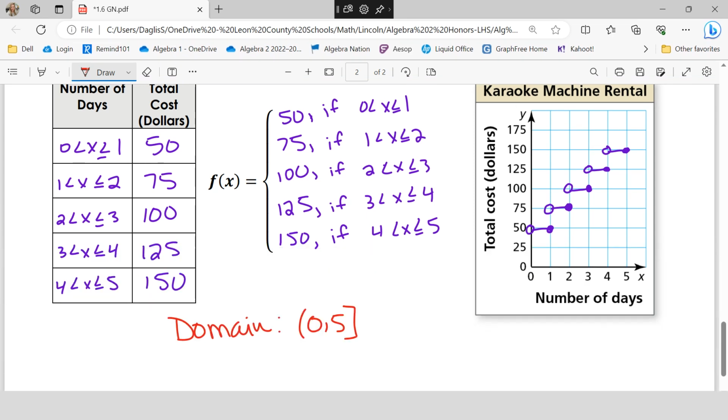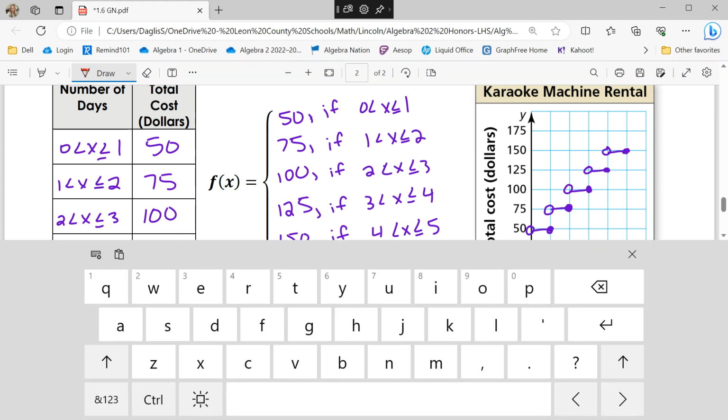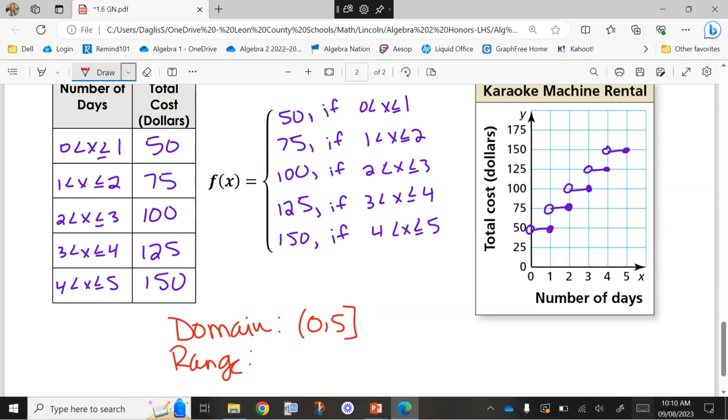How about our range? So you think that goes from 50 to 150 and everything in between? Are there little gaps in step functions? Yeah, because it's only 50. It's not 51. It's not 52. That's not included. Only my values, 50, 75, 100. So we're going to list them.